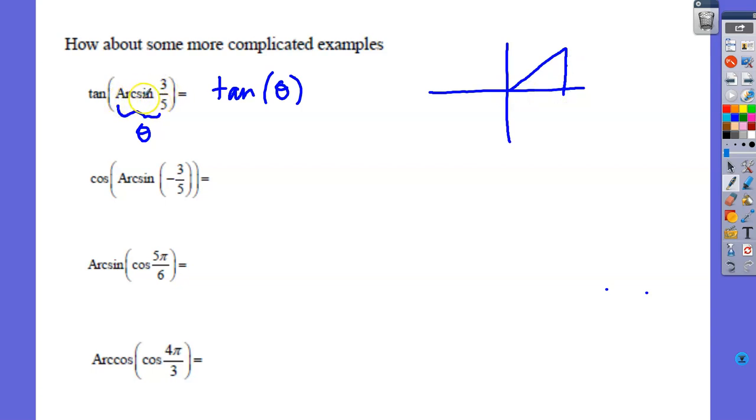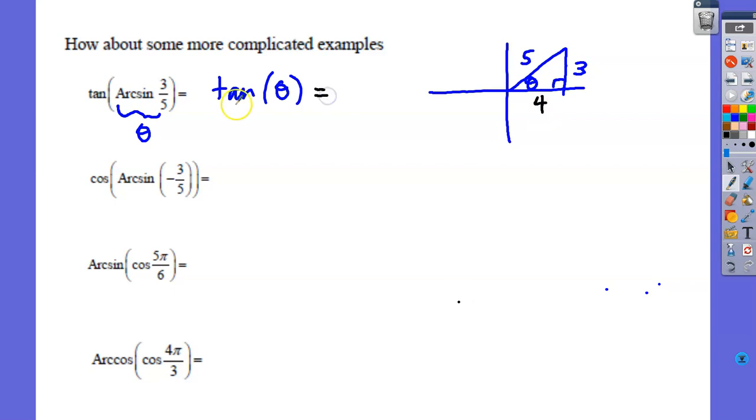Remember, sine is positive in the first quadrant when it's capitalized. Sine is opposite to hypotenuse, so the ratio is 3 to 5 for this angle. You can finish getting the missing side in that triangle. Just use Pythagorean theorem. 4.